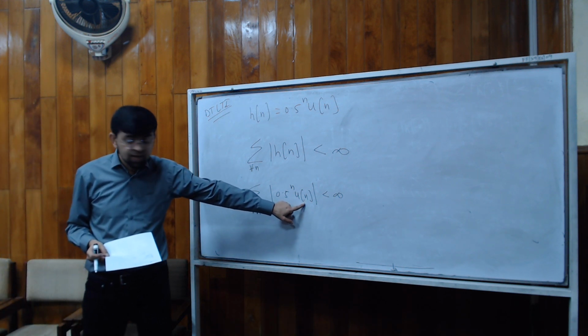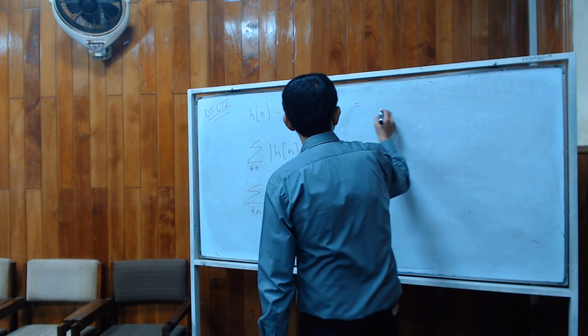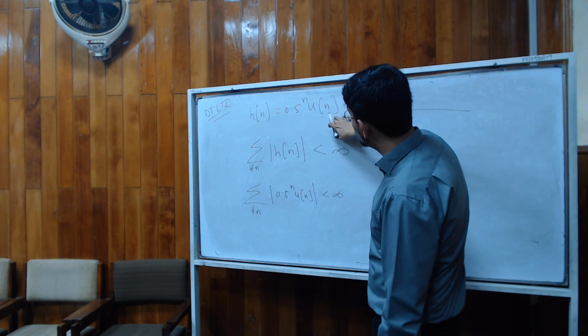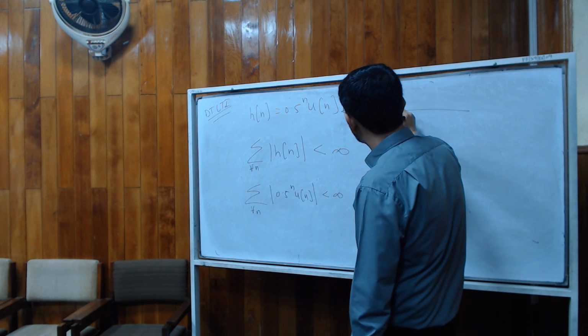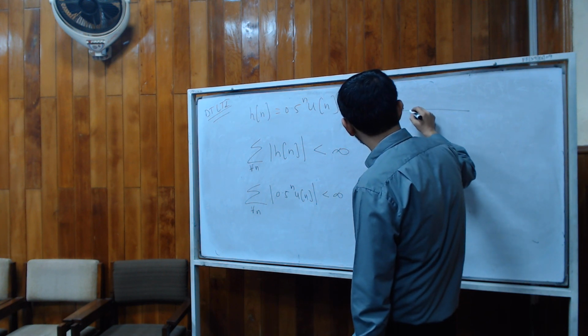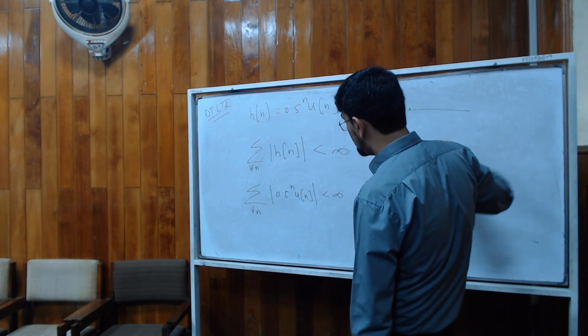Notice u[n]. How does this look? If you plot it, because u[n] is 0 for n less than 0, the left hand side is all 0. On the right hand side, you have a decaying function because of this 0.5^n. It is decaying fast like that.